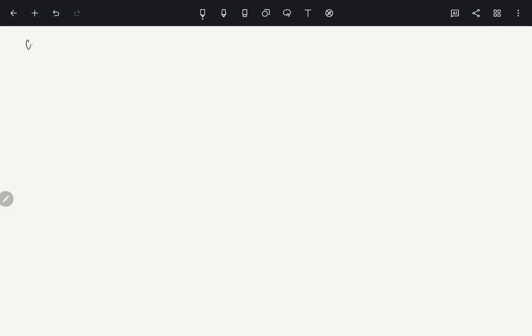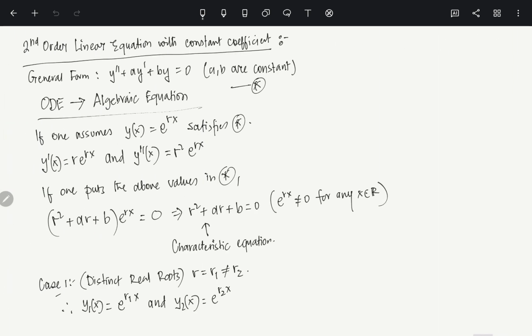So check that if y1 and y2 solve star, see this y1 and y2 is of this form, but basically this holds for any two solutions.